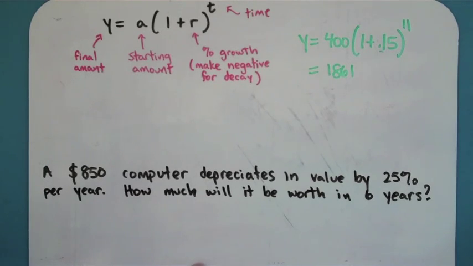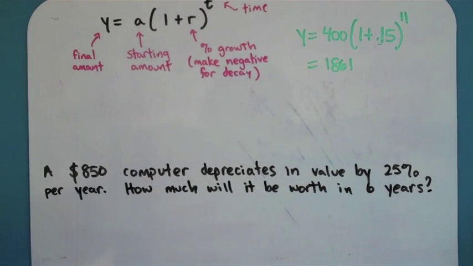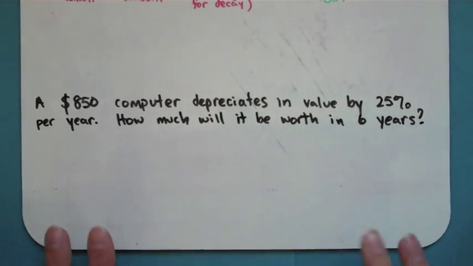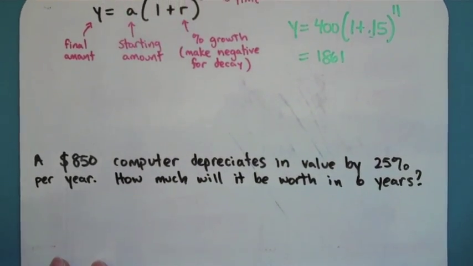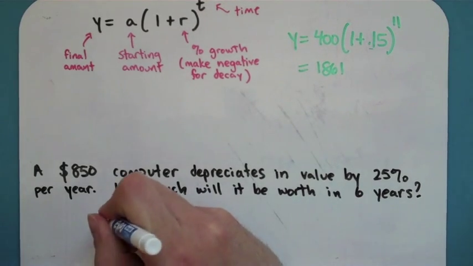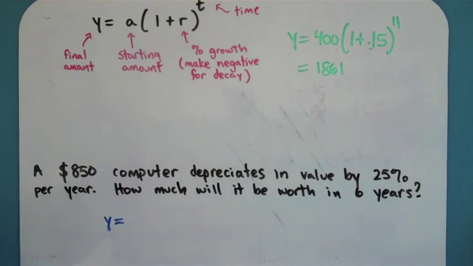Now that you see where the formula comes from and why it works, we're going to try it out on one example. We have an $850 computer going down, or depreciating in value, by 25% per year. The only difference with your formula when the amount decreases is that you subtract your r instead of adding it.